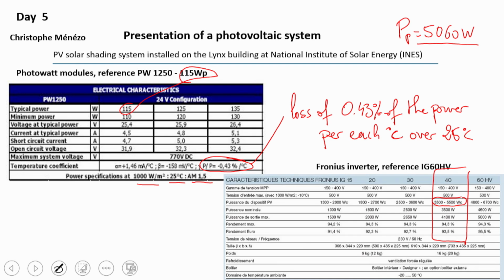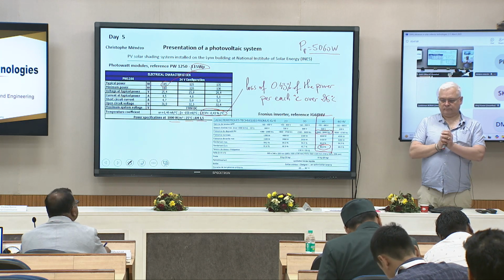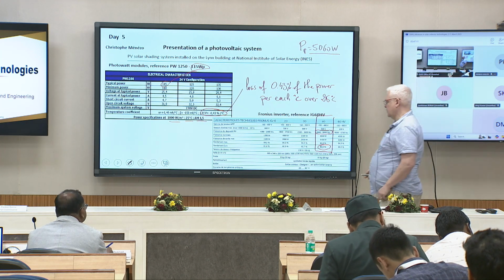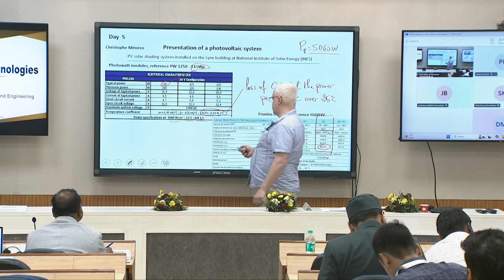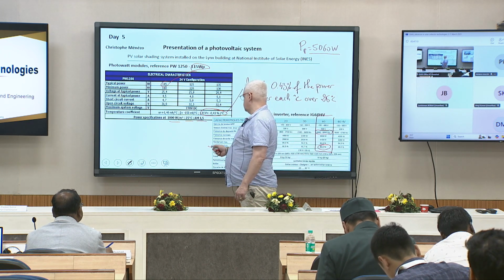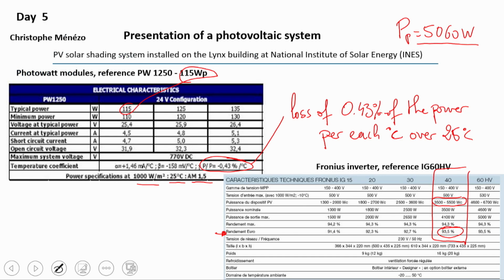So for this one, we saw that the answer to the question is 83.5. Okay, it is this. So it's good, huh? The efficiency of an inverter, hopefully, is not bad.